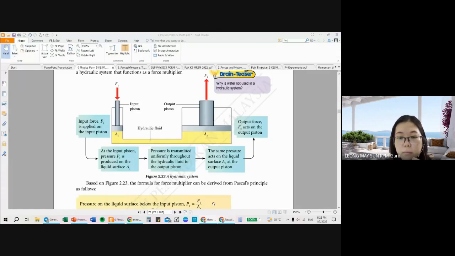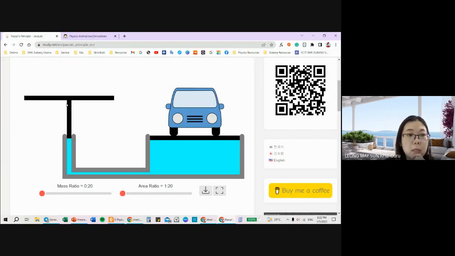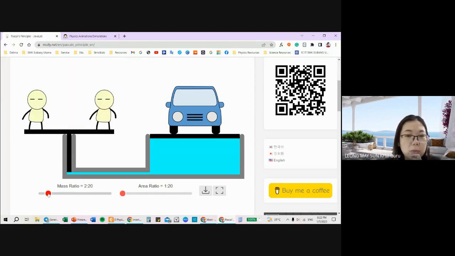So you see, when I put a person up here, observe the position of the car. I'm going to add one person there. Nothing happens. Add two. But you will notice one thing when there are two on the left-hand side.